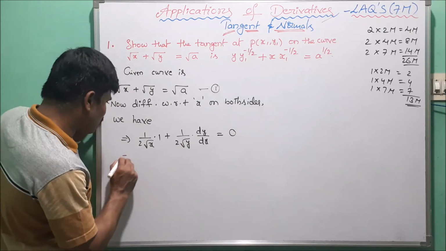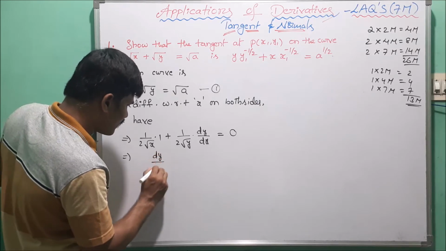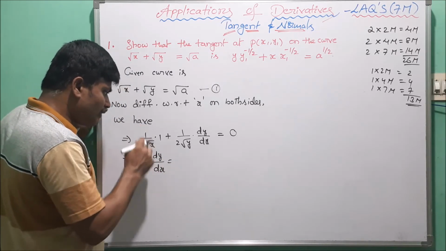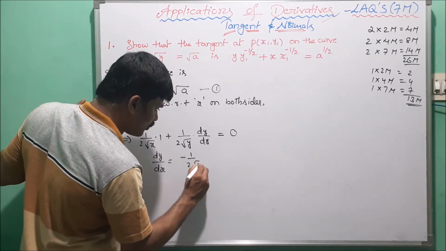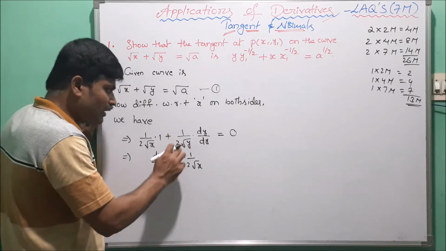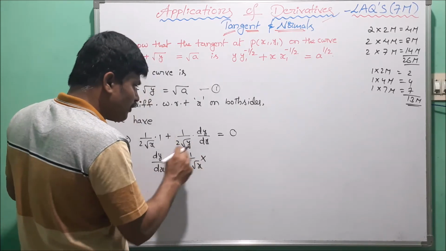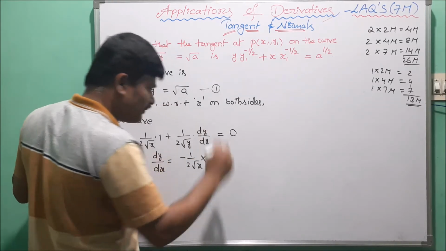Now from this, clearly dy by dx can be found by taking 1 by 2 root x to the right side, that is minus 1 by 2 root x, and 1 by 2 root y also taken to the right side. Now we take the reciprocal of this one, here we write 2 root y by 1.